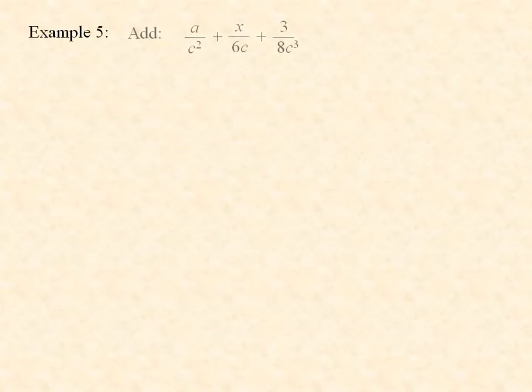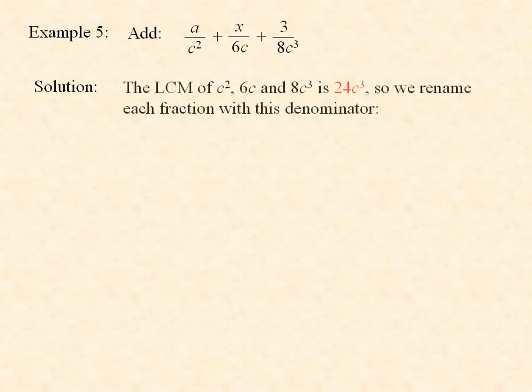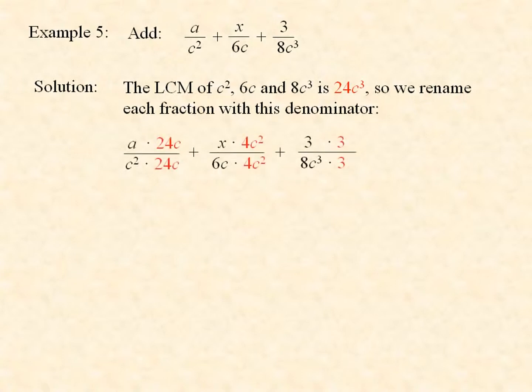Example 5. Add a over c squared, plus x over 6c, plus 3 over 8c cubed. The least common multiple of c squared, 6c, and 8c cubed is 24c cubed. So we rename each fraction with this denominator. In the first fraction, we need to multiply by 24c over itself so that the denominator becomes 24c cubed.